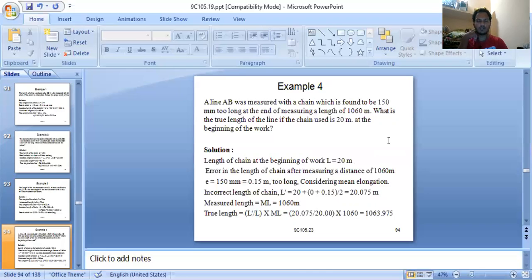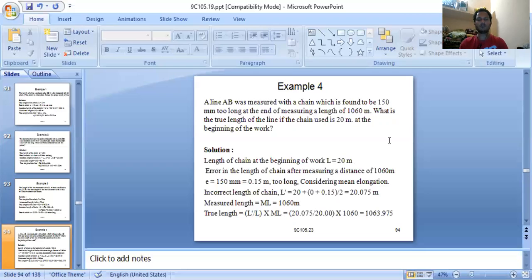Initially the chain is 20 meter, which is equal to the standard length, but after measuring 1060 meters, it is observed that the chain is extended by 150 mm. So we cannot directly write L dash as 20.15 meters. Suppose at the initial stage it is 20 meters.